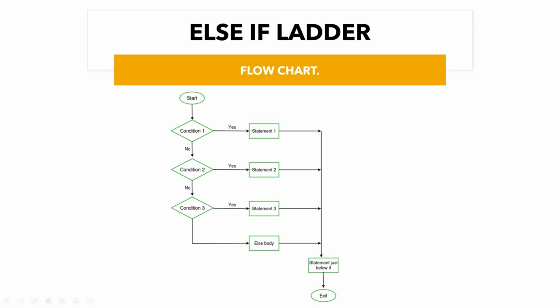If the condition is false, then it will pass further to the else if ladder. So we have a second condition. If the second condition is also true, then the statement would execute. If it is false, then it goes on to the third. Same like this we can take a third condition, and we can take multiple conditions here.